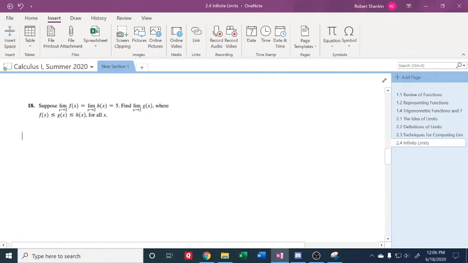All right, so this is saying, suppose the limit as x approaches 2 of f of x and the limit as x approaches 2 of h of x are both equal to 5. Now, let me visualize that.